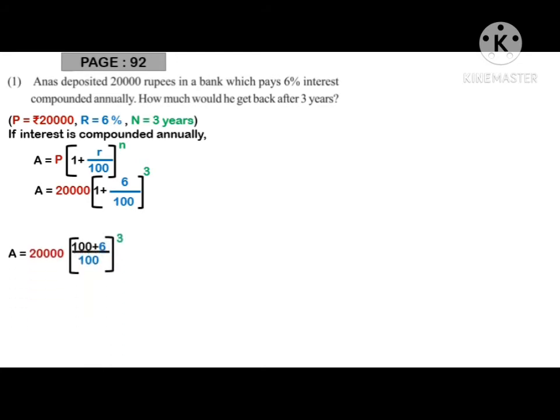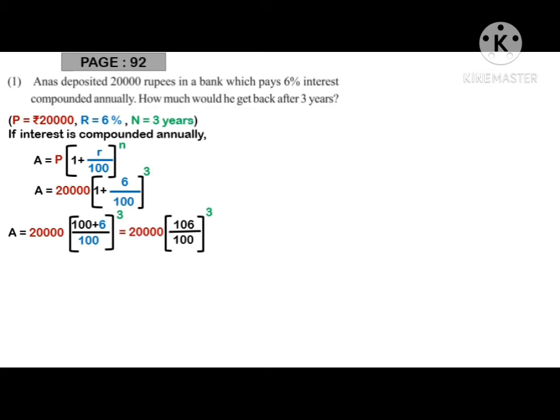It can be written as 20,000 into 100 plus 6 by 100 all raised to 3, which is equal to 20,000 into 106 by 100 all cubed, which is equal to 20,000 into 106 cube by 100 cube. So it can be written as 20,000 into 106 into 106 into 106 all divided by 100 into 100 into 100.